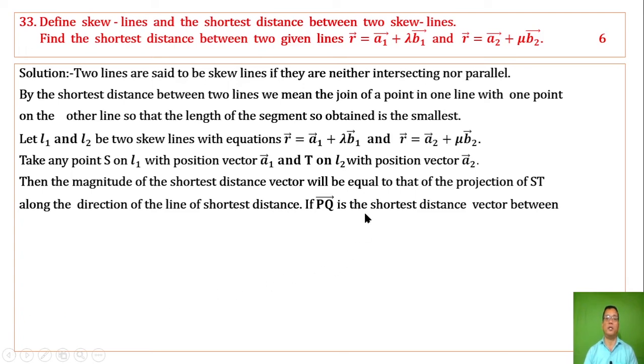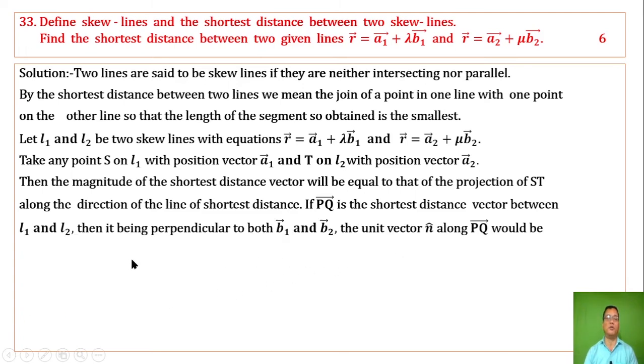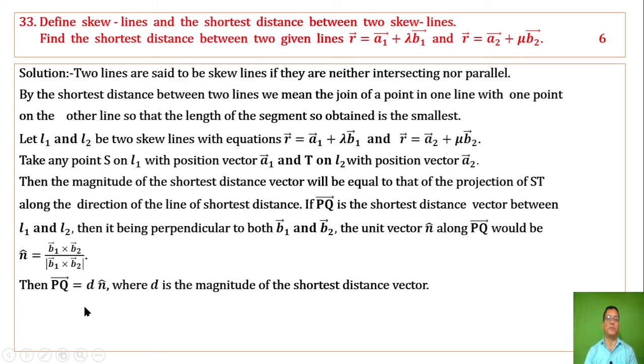If PQ vector is the shortest distance vector between L1 and L2, then it being perpendicular to both B1 and B2, the unit vector n cap along PQ would be n cap equal to B1 cross B2 divided by its magnitude. Then PQ vector equal to D times of n cap, where D is the magnitude of the shortest distance vector.